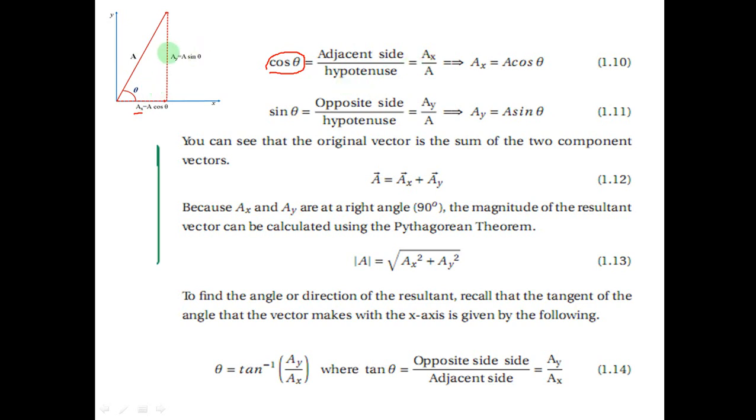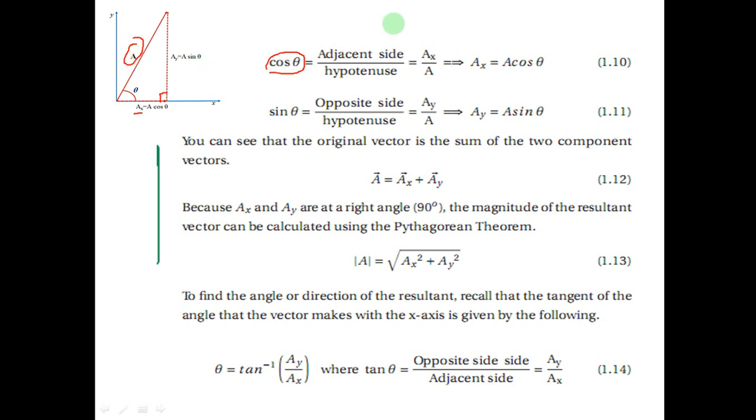If you consider this a triangle, this is 90 degrees. The projections of the y component and the x component make 90 degrees, which is perpendicular here. So from the Pythagorean theorem, the hypotenuse is the square root of ax squared plus ay squared, and this hypotenuse is a.